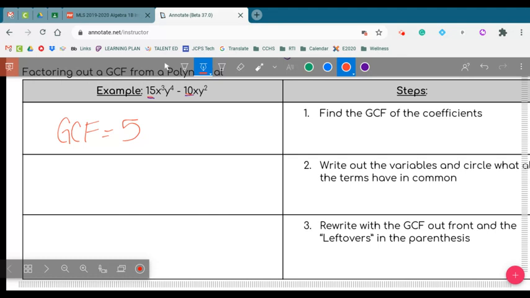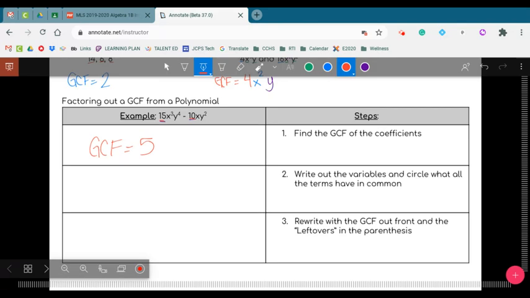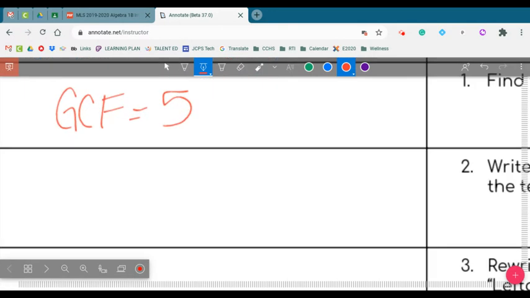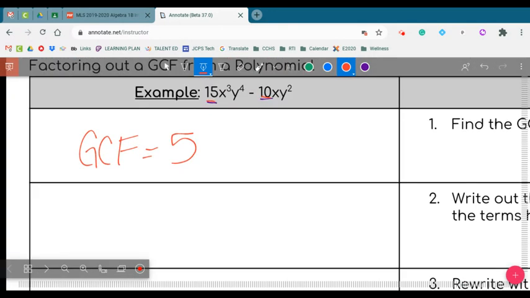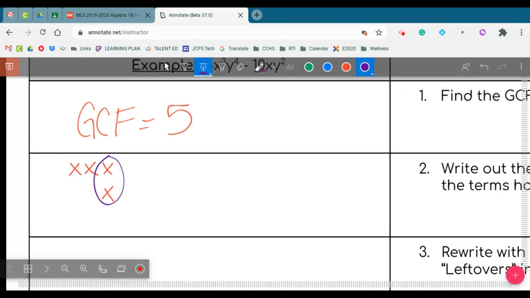Then we think, write out the variables and circle all the terms that have in common. So if I were to do that, on the first one I have 3 x's, and the second one I have 1 x. So how many do they have in common? They just have 1 set of x's. So your GCF is going to be x.